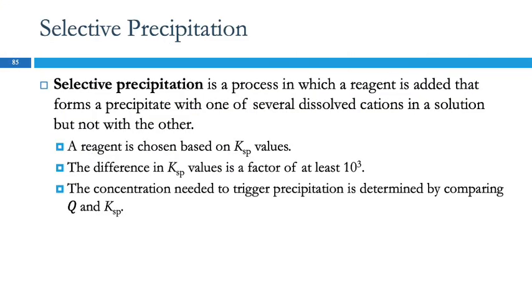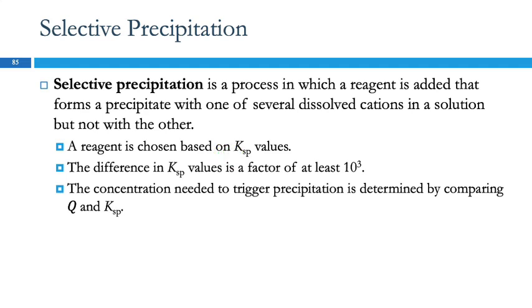Selective precipitation is where we're going to precipitate one of the ions and not the others. We're going to be selective about what precipitates. And so we're going to choose a reagent to precipitate whatever ion that is based on KSP values.